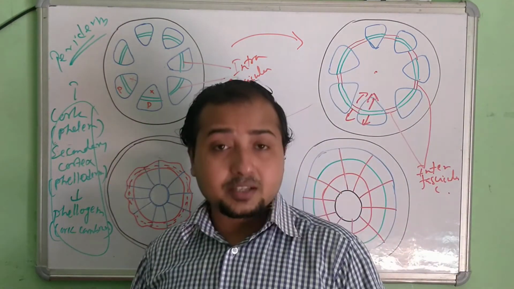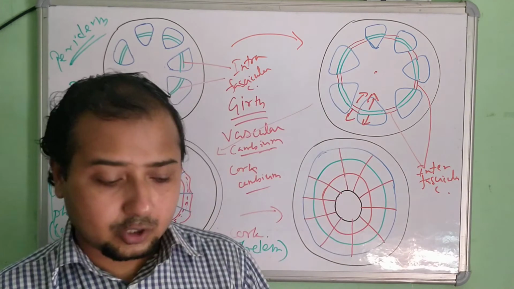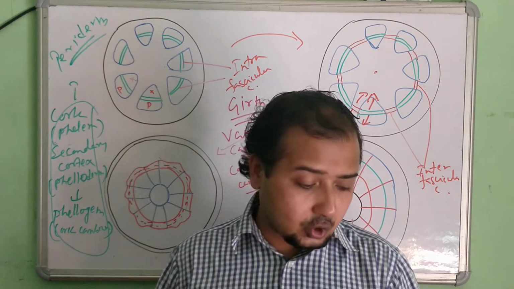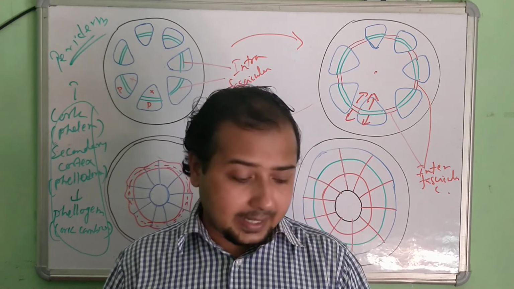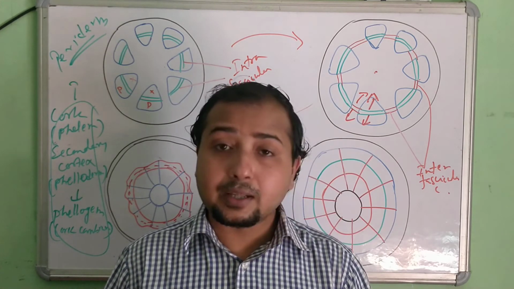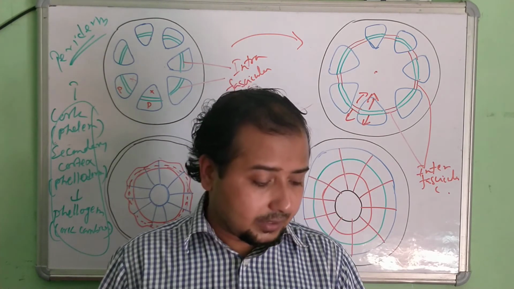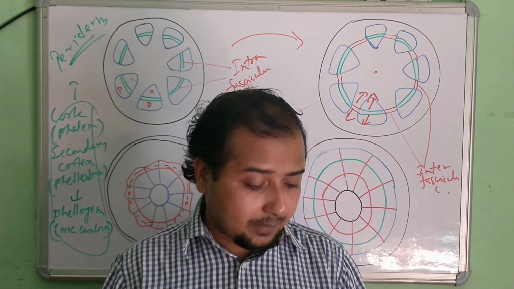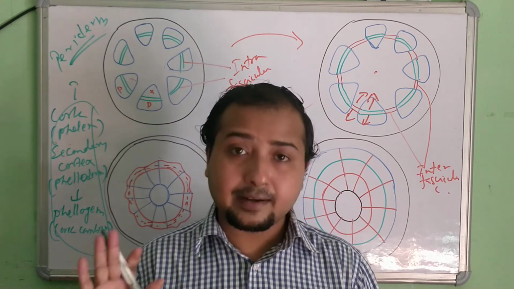Now, what is bark? Bark is a term that we use normally. So bark is a non-technical term that refers to all tissues exterior to the vascular cambium, therefore including secondary phloem. Bark refers to a number of tissues, that is periderm and secondary phloem.